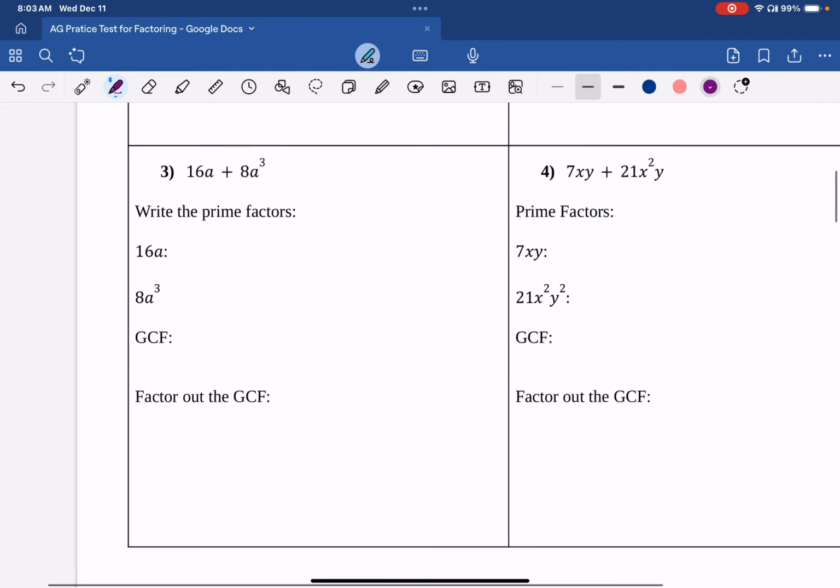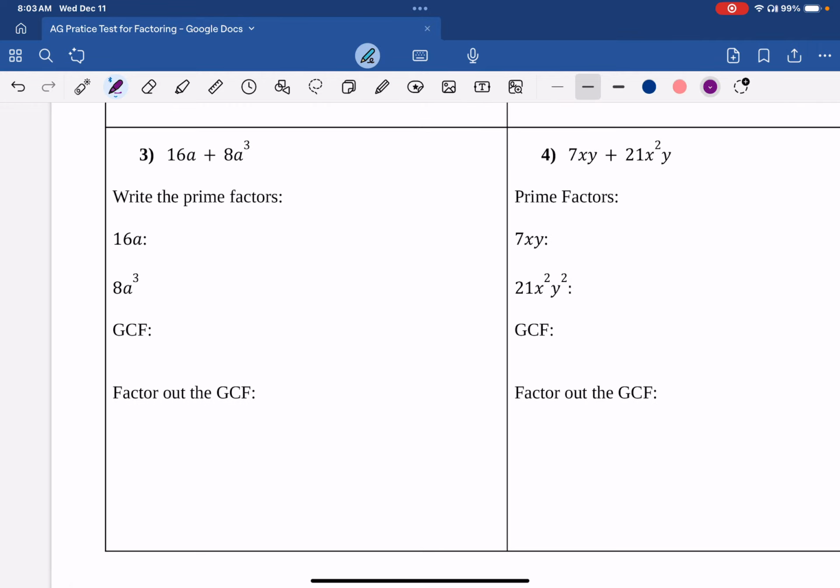All right, look at number 3. We need to write out the prime factors for 16a and 8a to the third. So let's do 16 first. So 16 is an even number, so we factor out a 2 and an 8. 8 is not a prime number, and it's also even, so we can factor out another 2. 2 times 4 gives us 8.